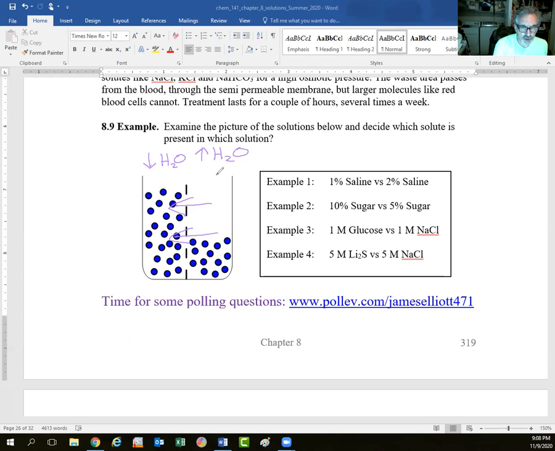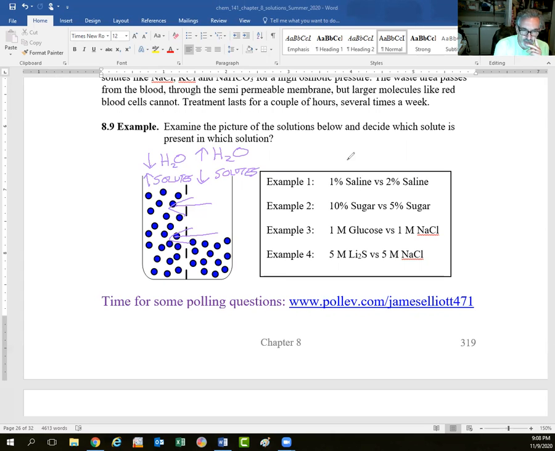Now, if that solution on the right was high in water, it means it was relatively low in solutes. And the solution on the left, which was low in water, must have been relatively high in solutes. So for the solution on the right-hand side each time, we just need the one which is low in solutes.